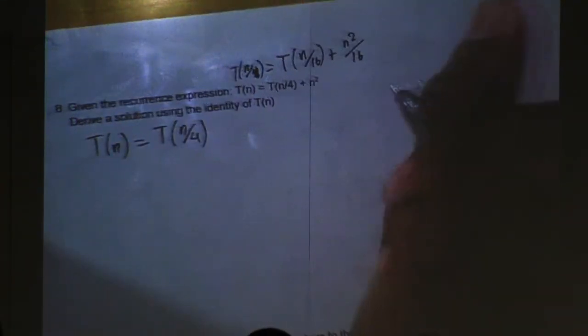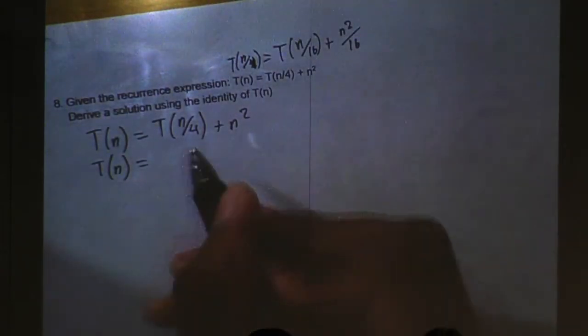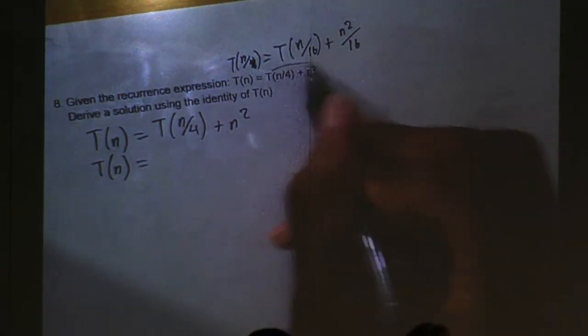So here we have T of n is equal to T of n over 4 plus n squared. And then T of n over 4, so we're going to replace this part here with this equation that we got.